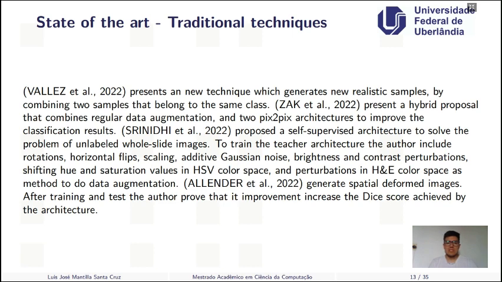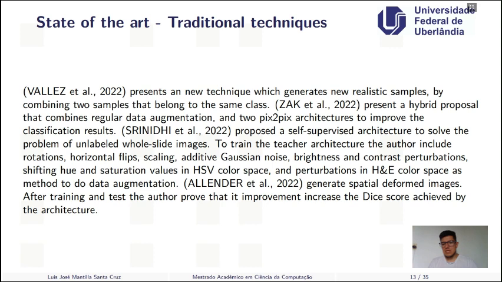Some examples of these traditional technique applications are, for example, the paper presented by Vallis. He presents a new technique which generates new realistic samples by taking two and combining them into one.